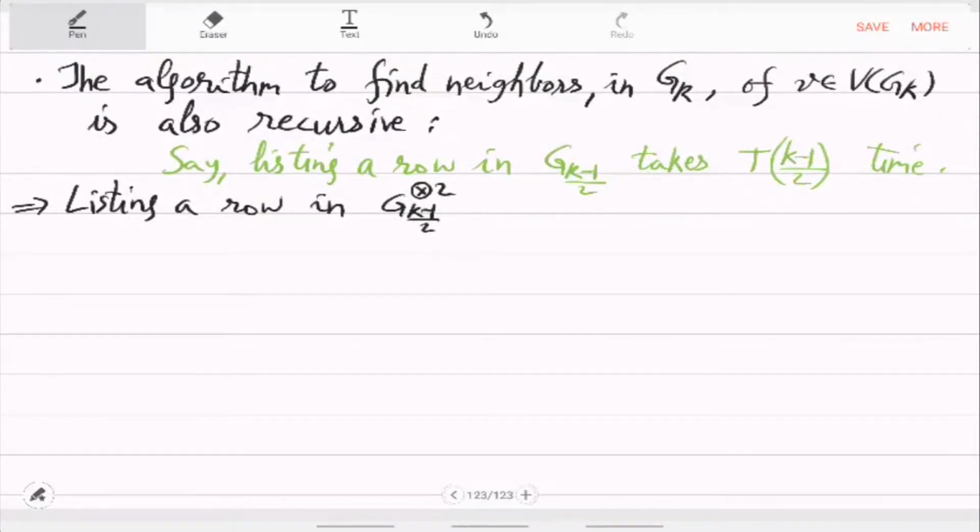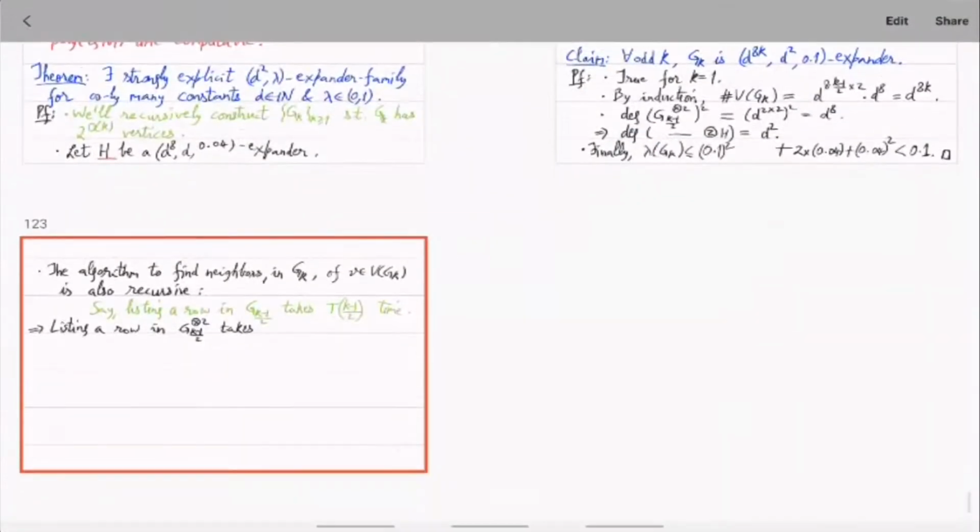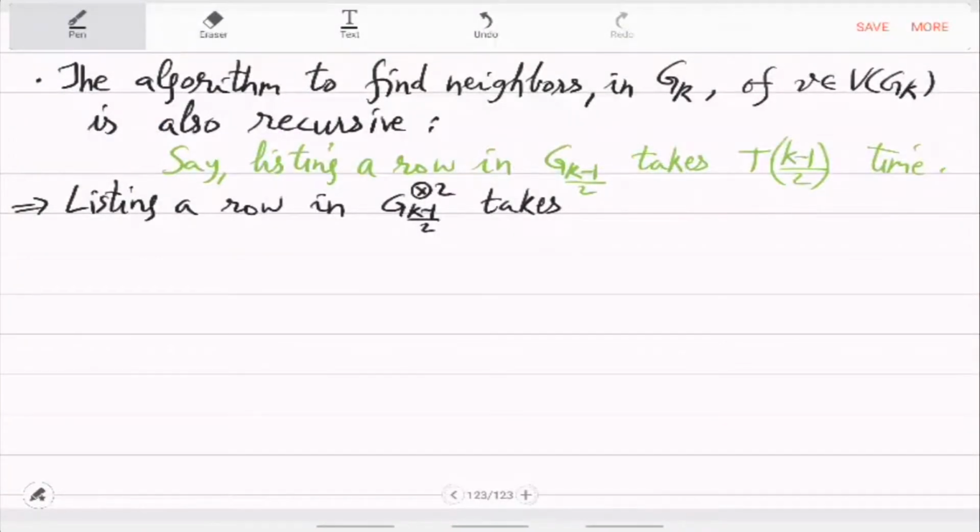G_{k-1}^2, first we see tensored with itself, listing a row there will again be a sparse row, right? It will have at most d raised to 4 non-zero entries. So listing a row there will take twice the time. Because to check this you have to actually think about how tensor product is defined.